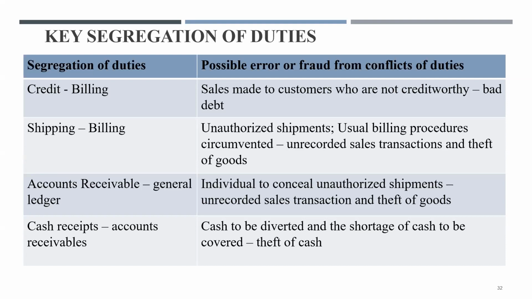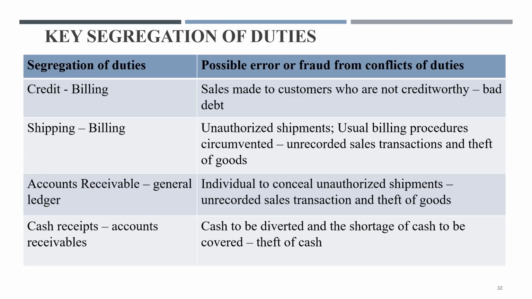Shipping or ordering, and shipping or billing and invoicing, shouldn't be done by the same person. Receivable should be done by the receivable clerk, and the general ledger should be done by financial accountants. Cash and receivable should be done by different persons, and cash should also be further reviewed by a senior person compared to the cash clerk.